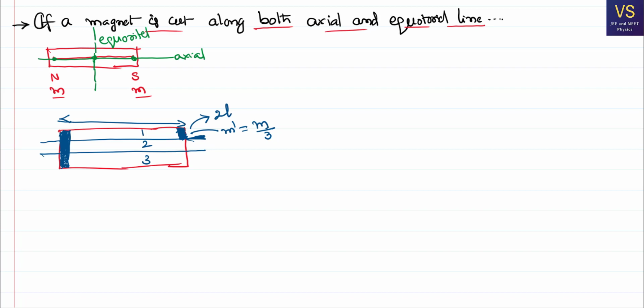What happens to magnetic moment? Magnetic moment is the product of length and pole strength. Pole strength is reduced to m/3, length remains the same, so for each piece, magnetic moment is m/3.